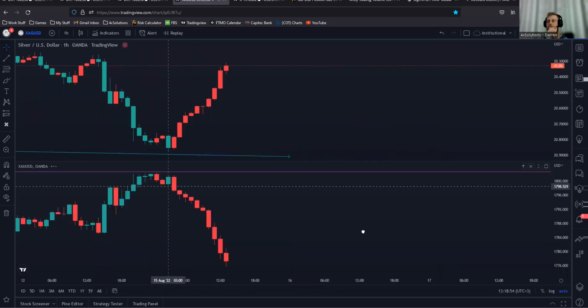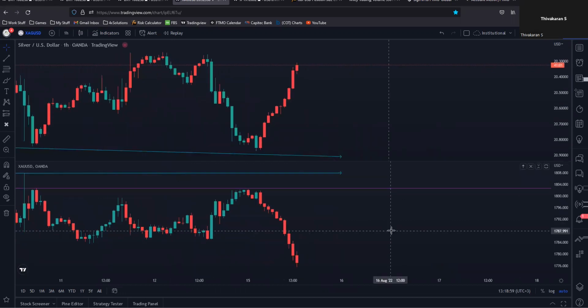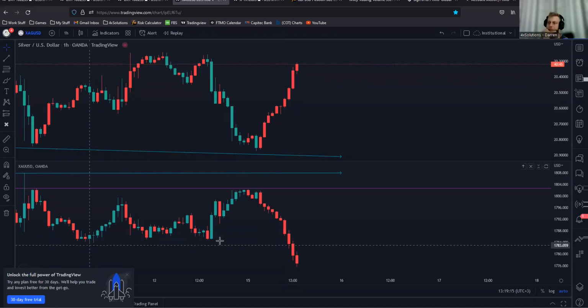Okay, anyway, Thivakaran, what's the question? If you check here, the lows have been taken by gold now, but the corresponding high is not taken in silver. Oh, this area over here. Yeah.